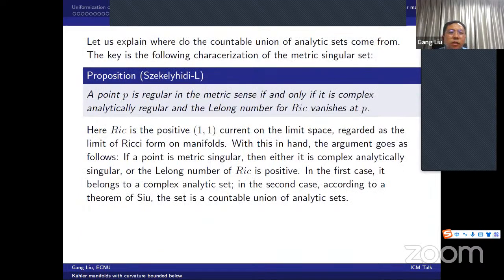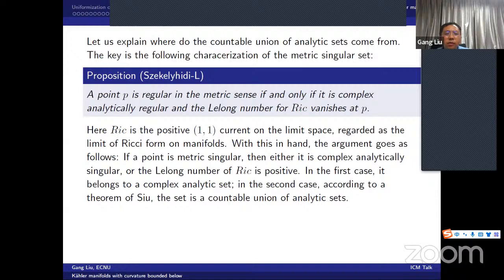Let me just explain the reason behind the countable union. The key is the following characterization. A point is regular in the metric sense if and only if it is complex analytically regular, because on the limit space, we know that it is algebraic, so there is a complex analytic structure.